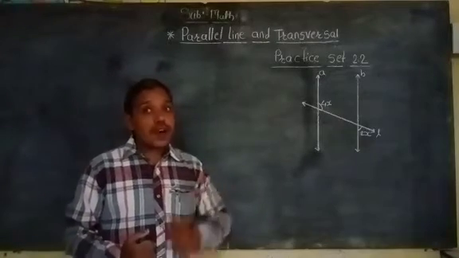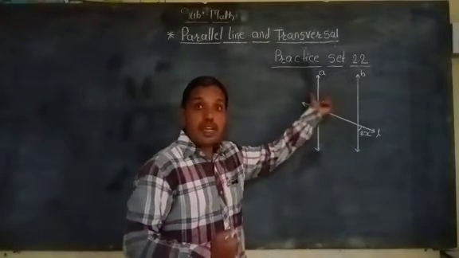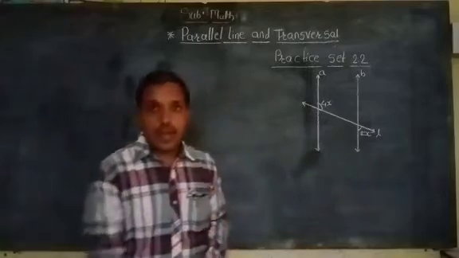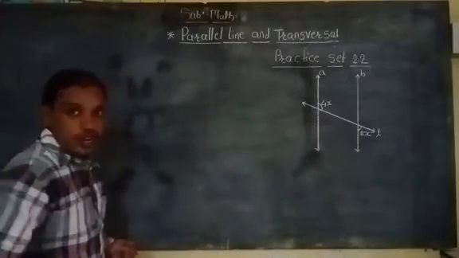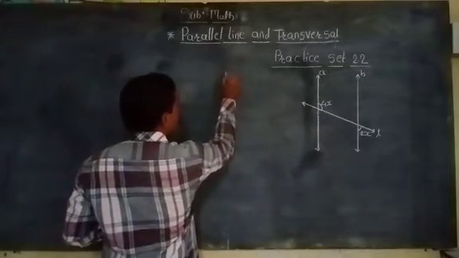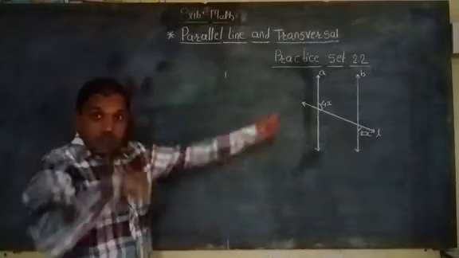So how can we find the value of x using the measurements of those two angles? Let us discuss it in more detail. First we write down what is given in the figure.